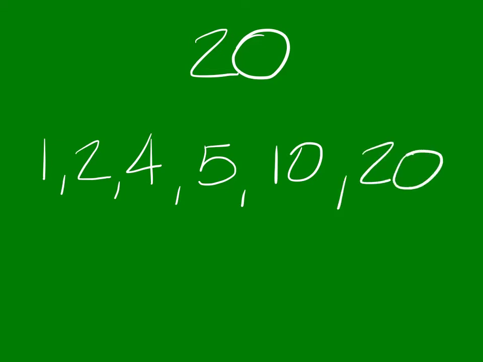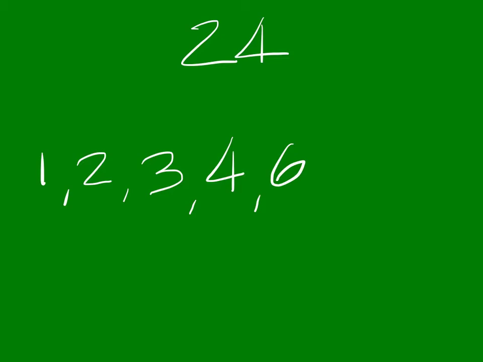For 20: 1, 2, 4, 5, 10, 20. For 24: one, two, three, six. Before 6: 4, 6, 8.